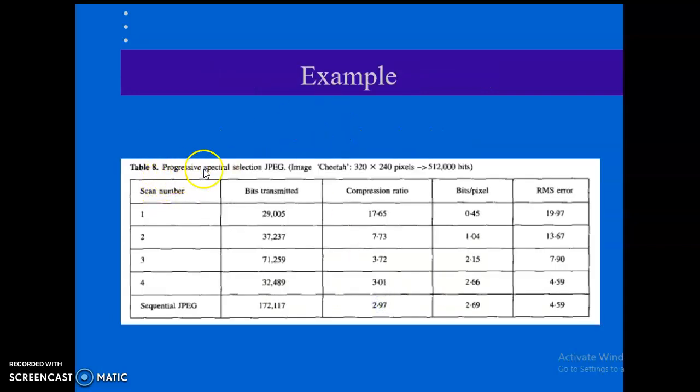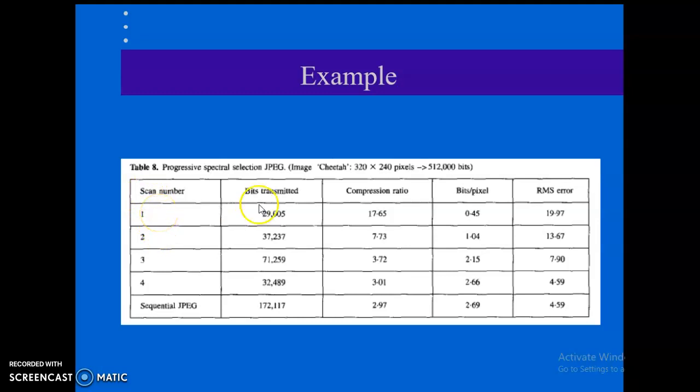Example, progressive spectral selection JPEG image, 320 by 240 pixels, 512,000 bits. Scan numbers 1 to 4, sequential JPEG bits transmitted, compression ratio, bits per pixel, RMS error.